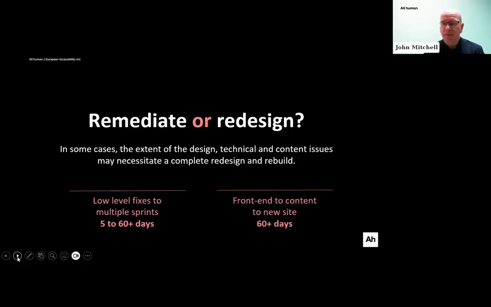And it becomes a margin call to move into a consideration around redesign, because invariably working on greenfield, new code, new content, new structure, new design systems can get that accessibility compliance baked into a redesign from the get-go. So it is a margin call, and I'm not going to be precise on this, but it can be everything from a complete refactor of the front end, including design and build, to content, and that could be anything from 3 months up to X.